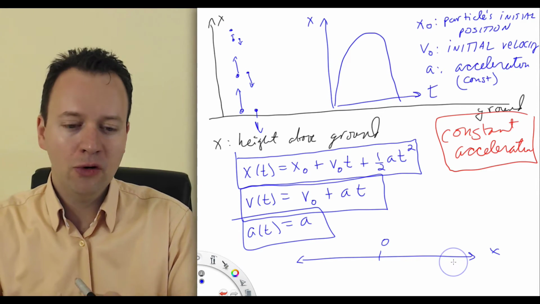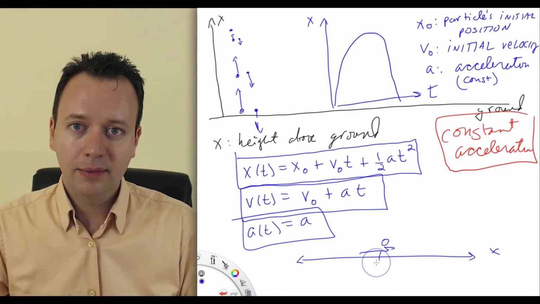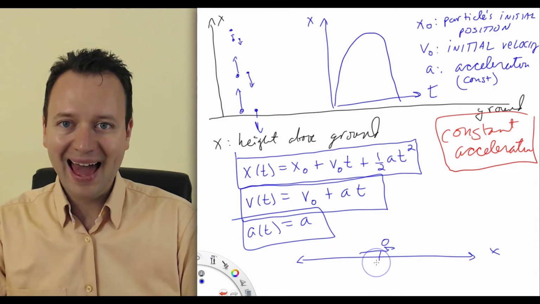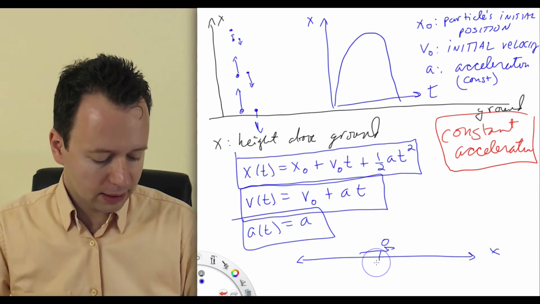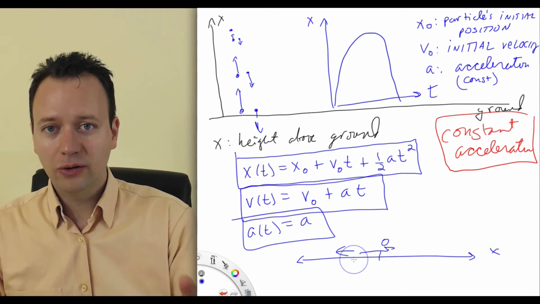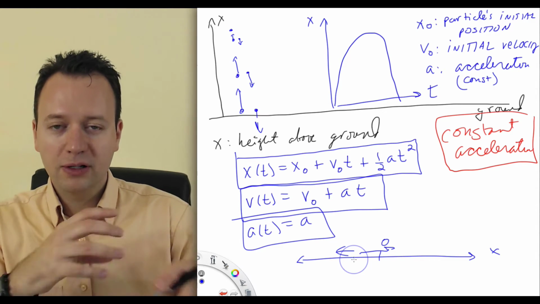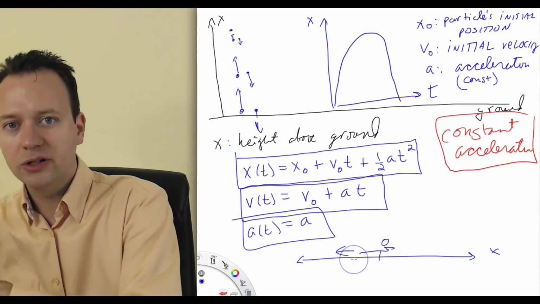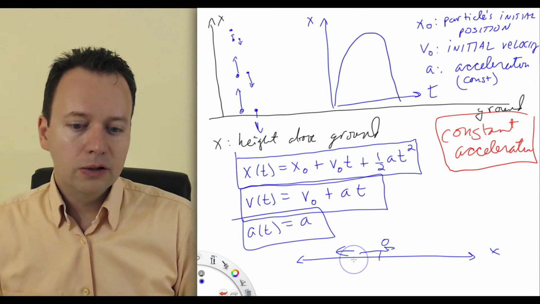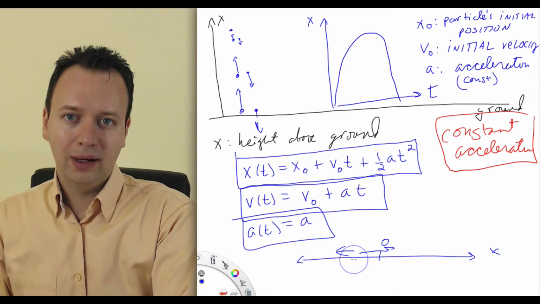If you're moving to the right in this example, you have a positive velocity because something's being added to your position. If you're moving to the left, you have a negative velocity, so it's subtracting from your position. Instead of being at position 5, you're now at position 3, now at 1, now at -1, and so forth. So the sign on the velocity tells you which way you're moving.